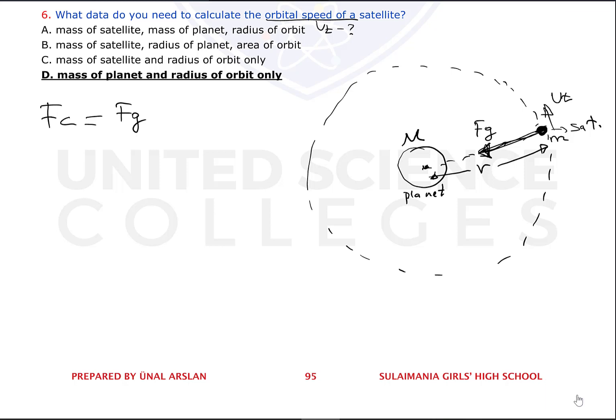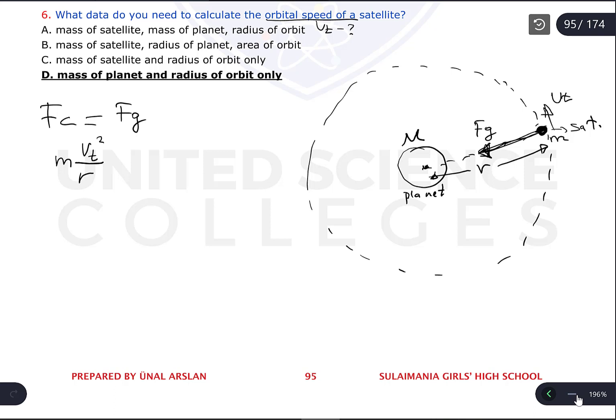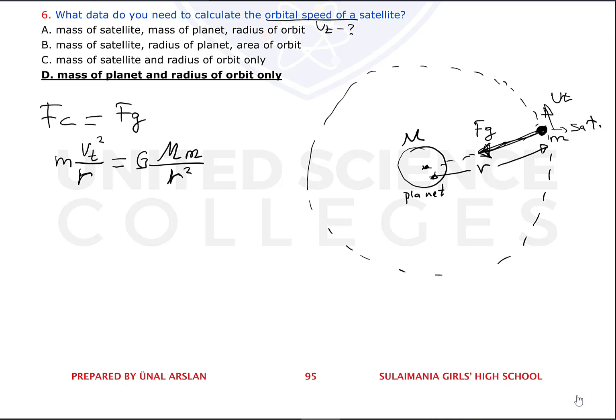The centripetal force keeping the satellite on the circular path is the universal gravitational force. Centripetal force equation for the satellite: mass of satellite, times orbital speed squared, which is tangential speed at the same time, divided by the radius of the orbit, equals the universal gravitational force, capital G, mass of planet times mass of satellite, divided by the square of the radius, or separation between the planet and the satellite.